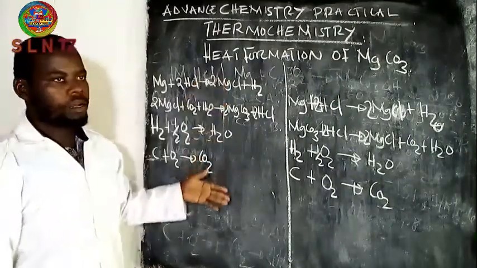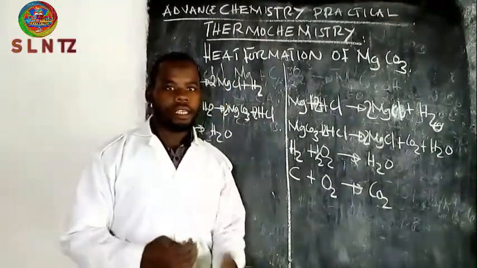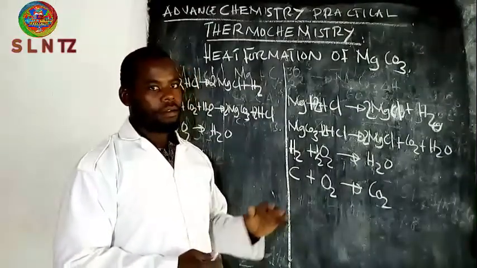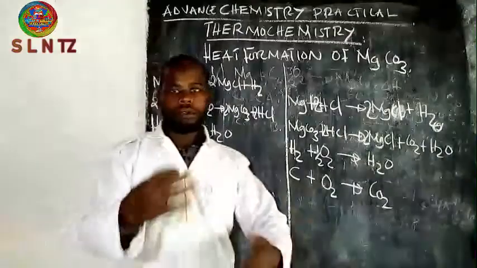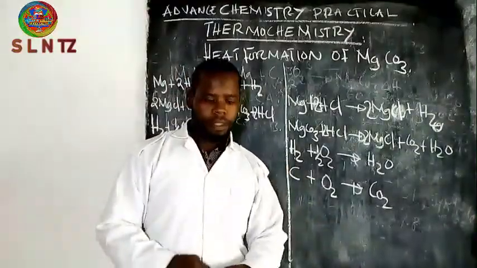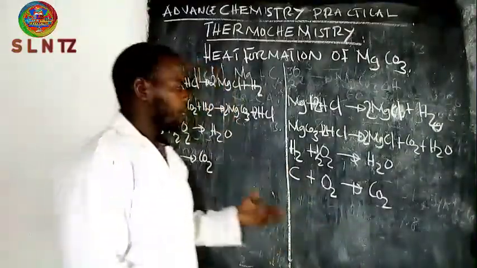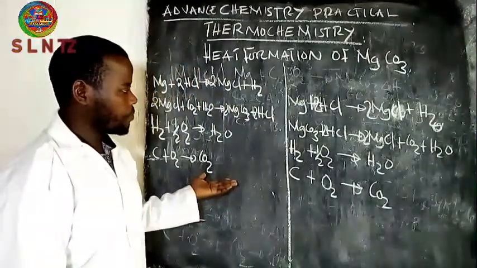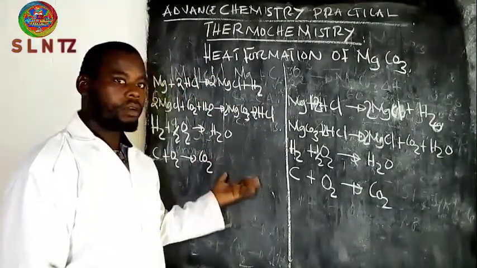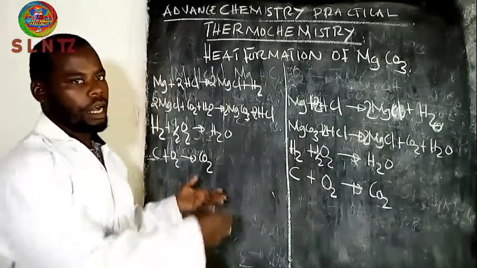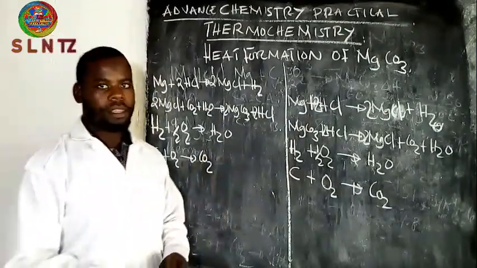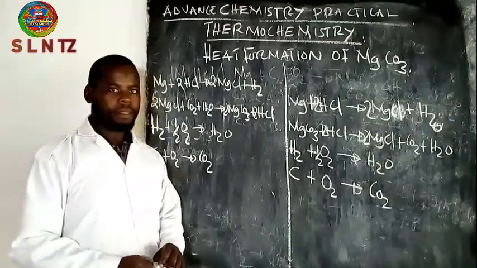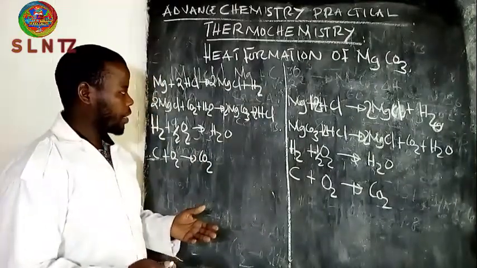But for each one there is a molar heat. Each reaction has a molar heat. We are going to see how you can perform this, and then we are going to solve this experiment. I show these reactions first in order to understand how to find the formation of magnesium carbonate.